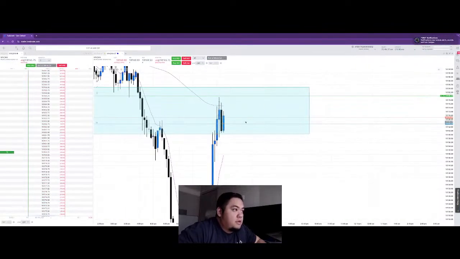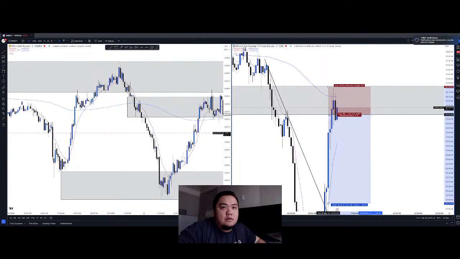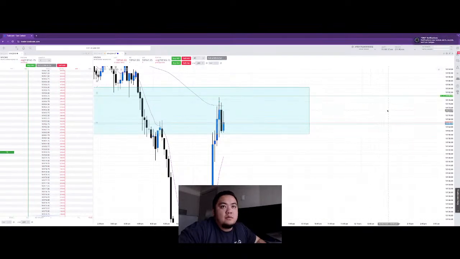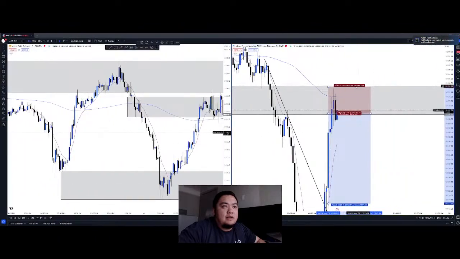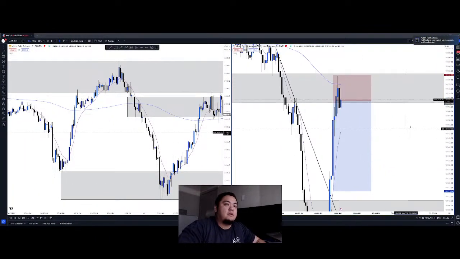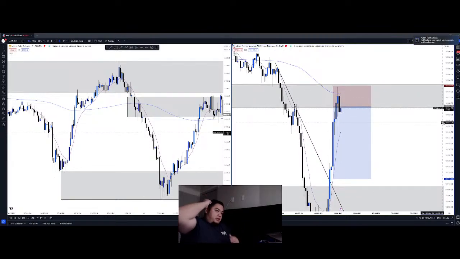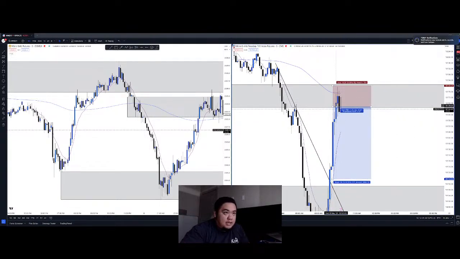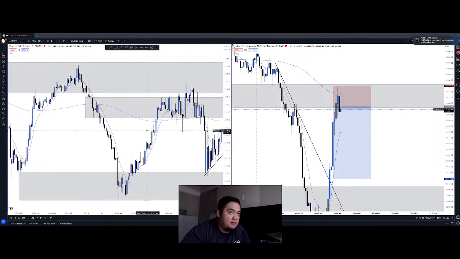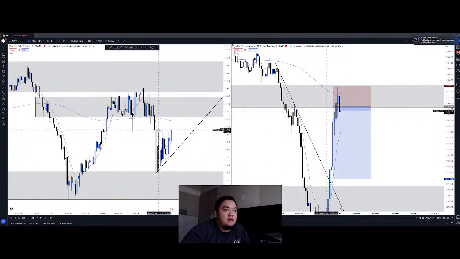So my entry is 18657.5, and my stop loss is 18180.25. We're rejecting the 200 EMA, and there was a larger 5 minute candle close, so I took it short.